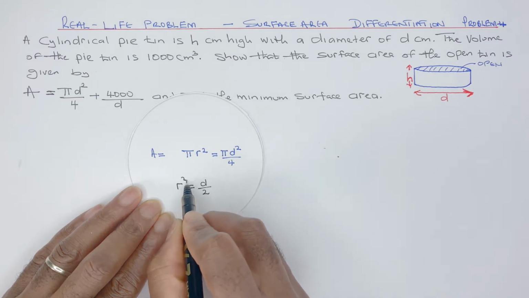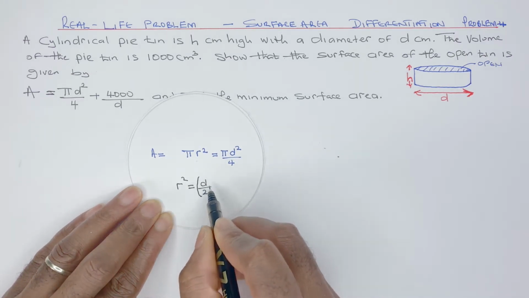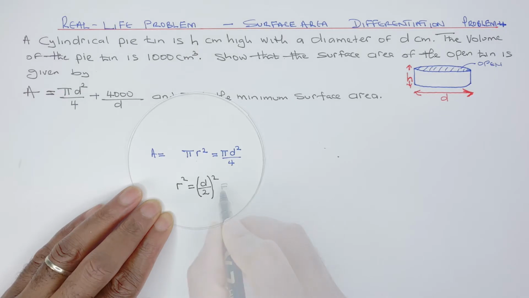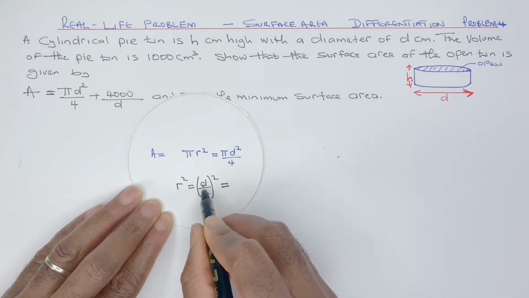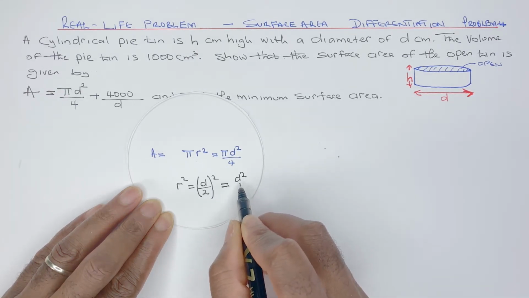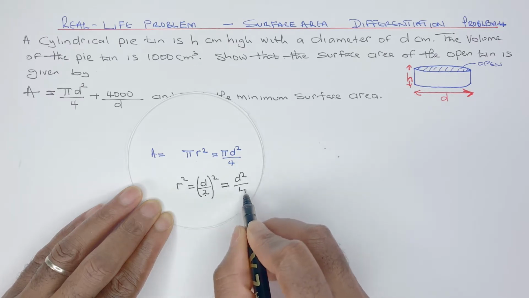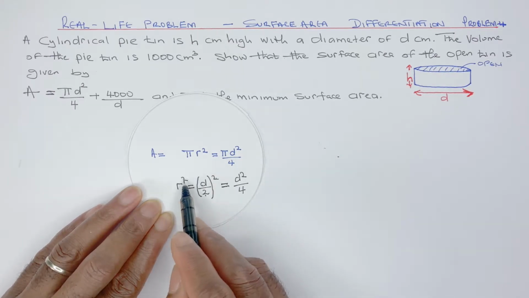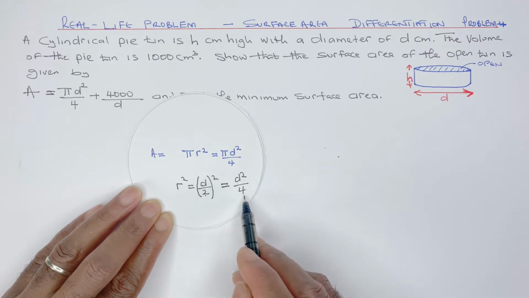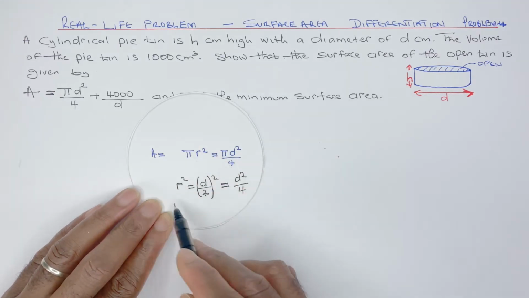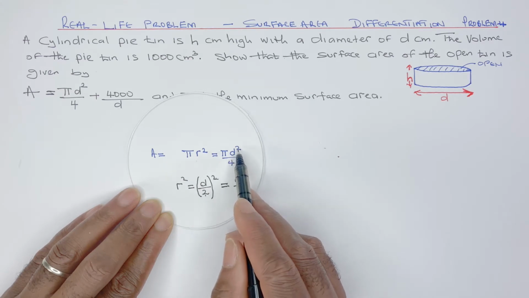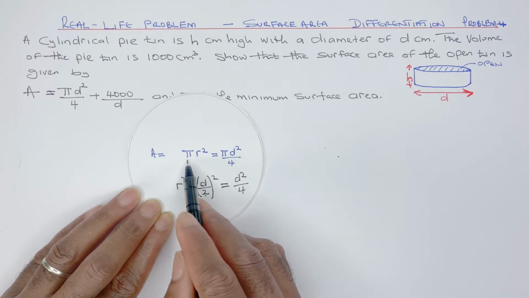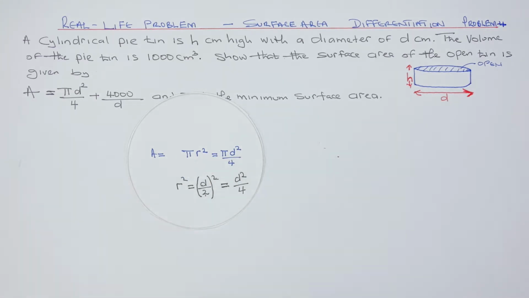If you square r, you have to square that one, and that will be d squared over 2 squared, 4. So if you replace r squared with d squared over 4, the area of the circle is pi d squared over 4, or you might say pi r squared. Those are the things we're going to use in this calculation.